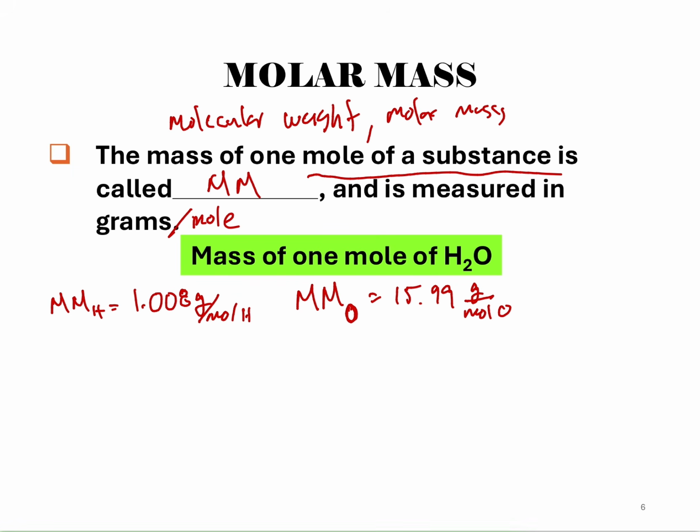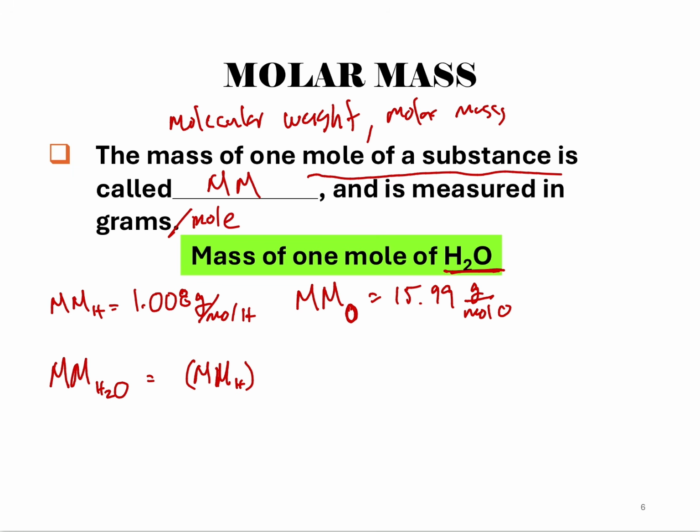This would be for a mole of hydrogen. And if we wanted to calculate the molar mass of 1 mole of water, which is a substance, a compound, we just need to add up the total molar mass of all the atoms that are involved in the molecule. So the molar mass of water is going to equal the molar mass of hydrogen that's going to be involved.